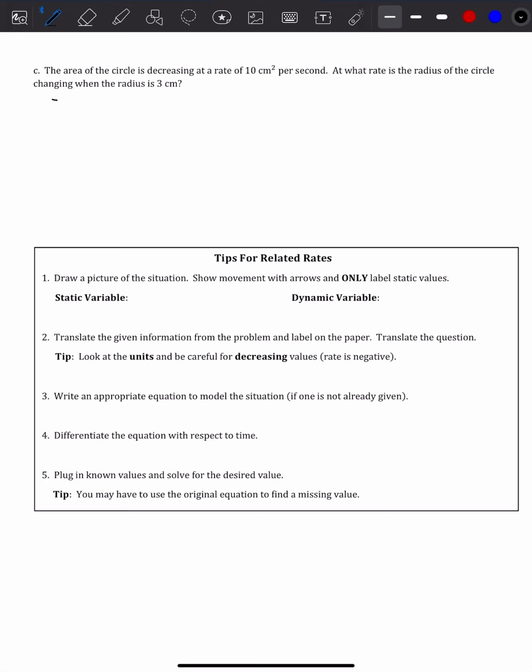So we now have our circle. Our radius is 3 centimeters, and our area this time, this inside part, is decreasing at 10 centimeters, so negative 10 centimeters squared per second.